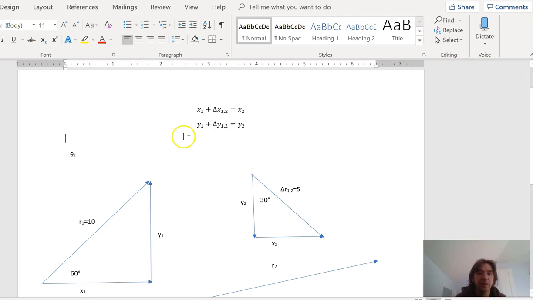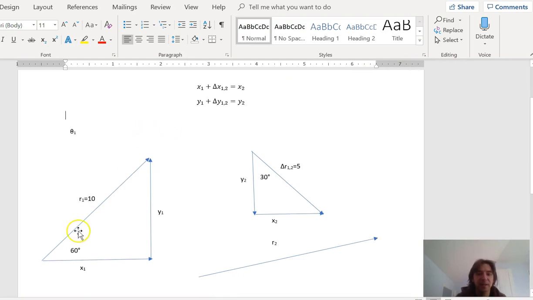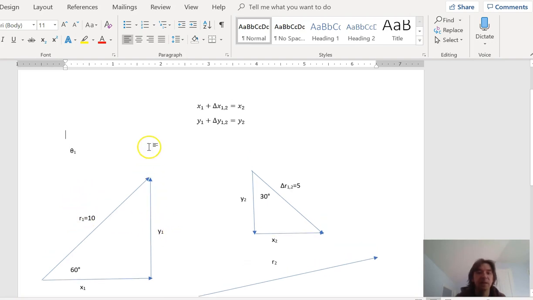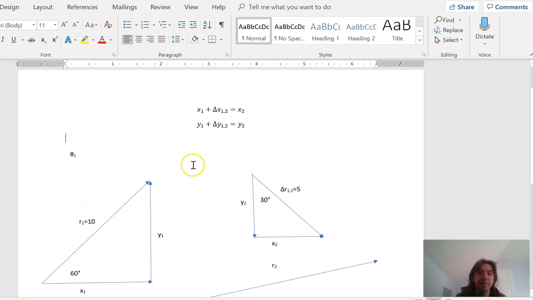So let's talk about SOH first. This says the sine of an angle is equal to the opposite side divided by the hypotenuse. So if we look at that, is that going to help us get one of the things we want to know? Well, the angle we know, the opposite is one of the things we do want to know, and the hypotenuse we know, so we can use that little equation to find this guy.